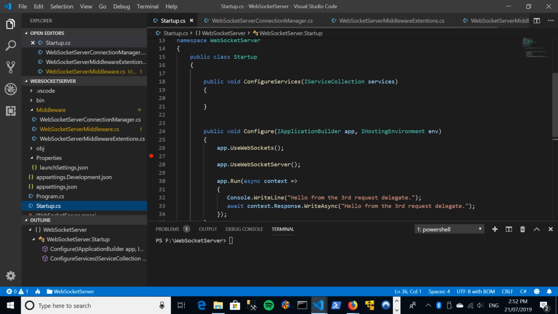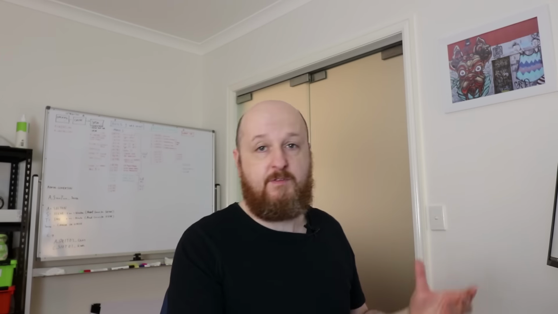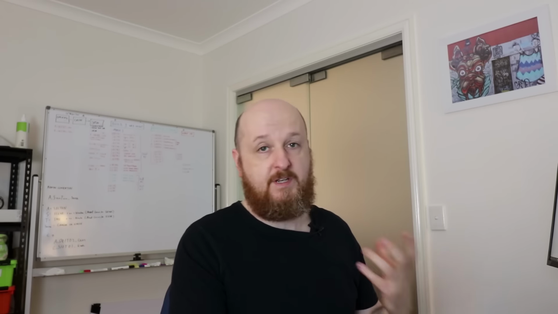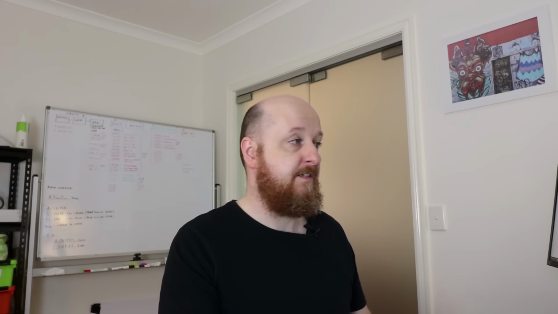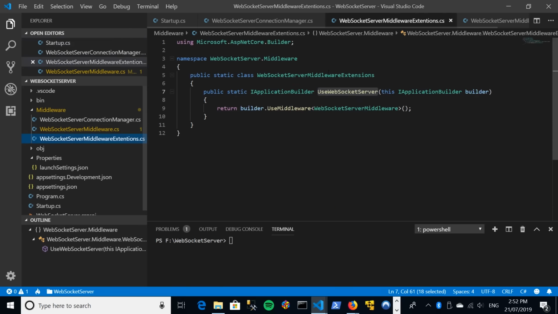Now, just refreshing your memory, our configure services method is where we set up services or dependencies that we want to use throughout our app. Now, some of those dependencies are created out of the box, we don't need to do anything, but some of them, like the dependency we're going to create now for our connection manager, we will have to add in here explicitly. So in order to do that, if we go back over to our extensions method class, we're going to create a method that will allow us to do that.